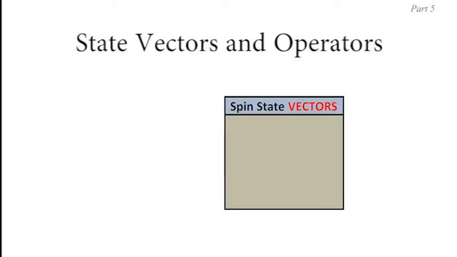Before we can do any of that, we will need to be able to write down something for the spin states, or what we might call the state vectors. We will actually be able to get away with just two of these, one for spin up and one for spin down. This, as I said before, means we'll only need a two-dimensional Hilbert space for these state vectors to live in.